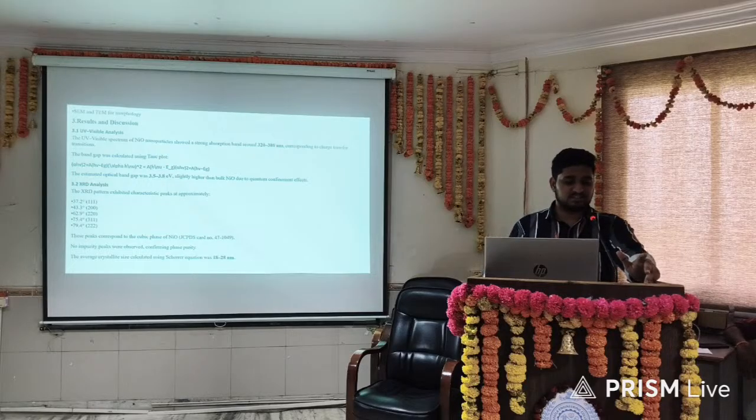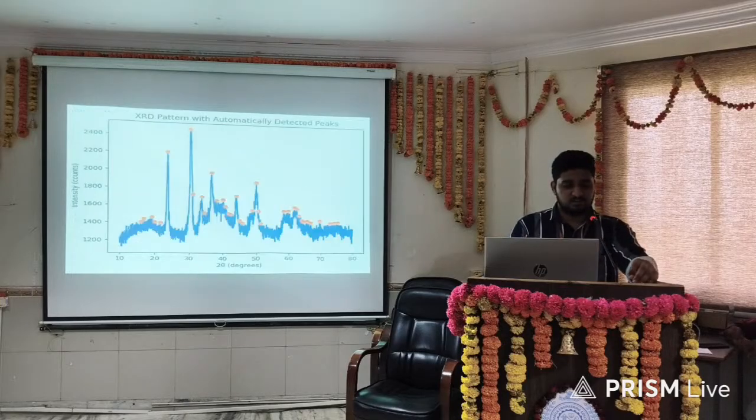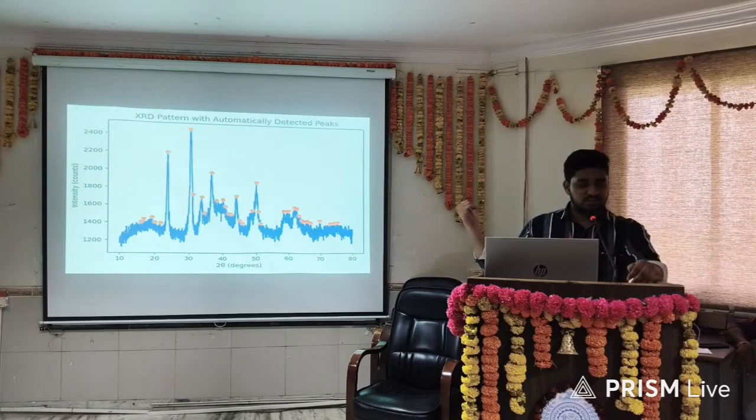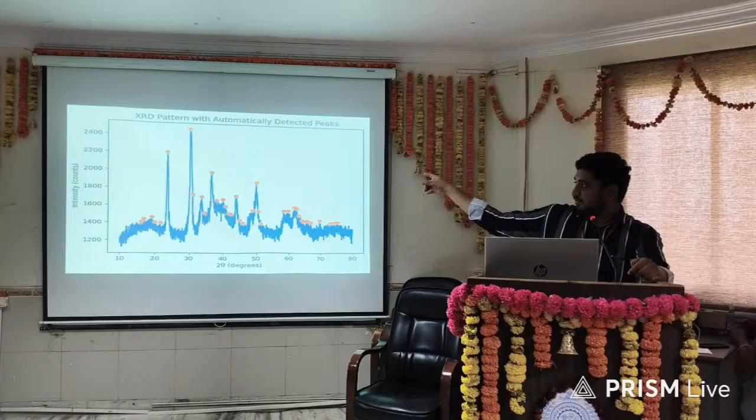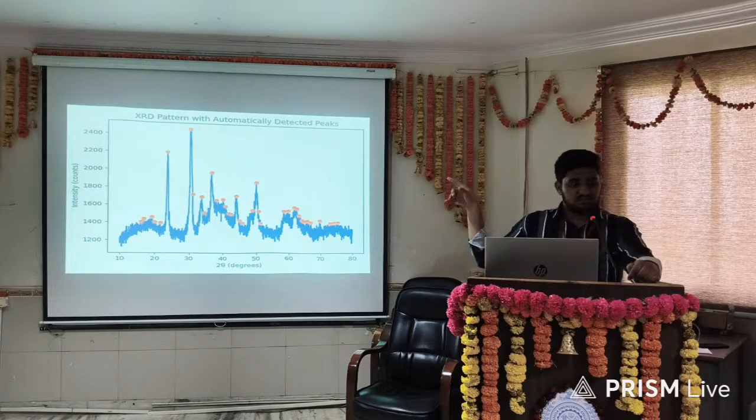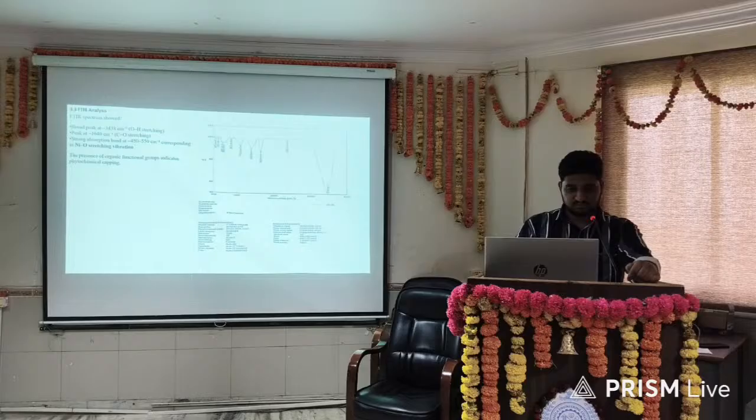The average crystallite size calculated using the Scherrer equation was between 18 to 28 nanometers. In these peaks, we can observe the identification of nickel. Next is the FTIR analysis. The graph shows the FTIR analysis.